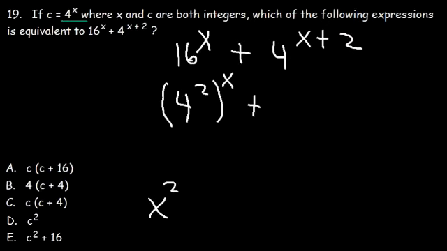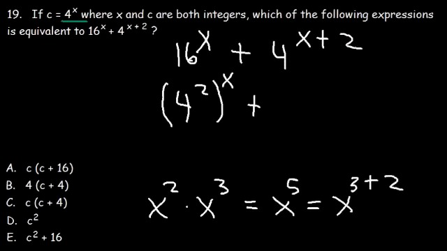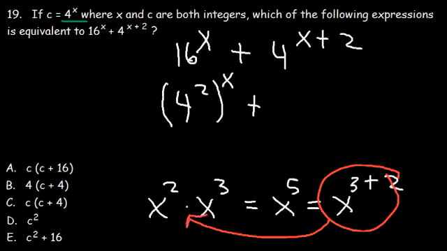Last time we went over this property of exponents, we said x squared times x cubed is x to the 5th power, which is the same as x raised to the 3 plus 2. So what we want to do is take an expression in this form and separate it into an expression that looks like what we have on the left.